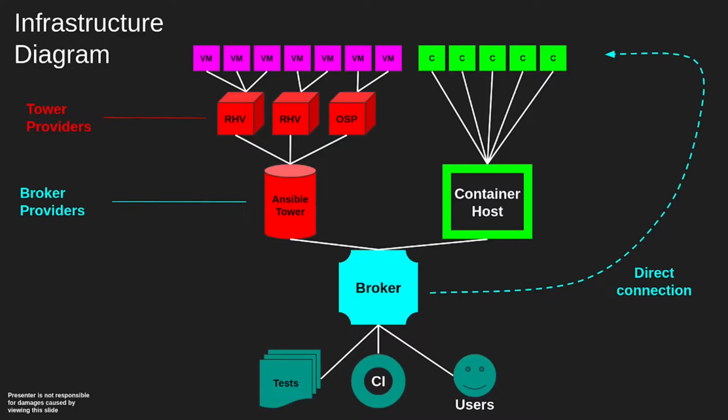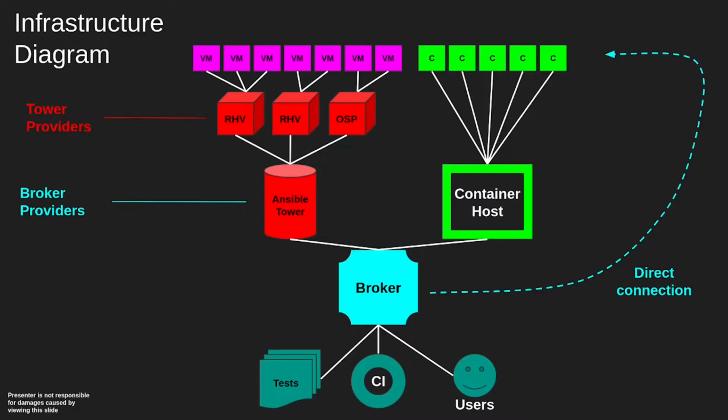Broker then will reach out to the corresponding provider, currently Ansible Tower, and in the near future, also container hosts. Ansible Tower would then reach out to the corresponding provider, whether they be RHV or OSP, to deploy specific VMs and pass that information back to Broker.